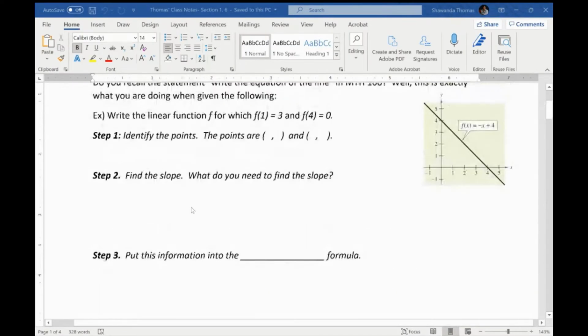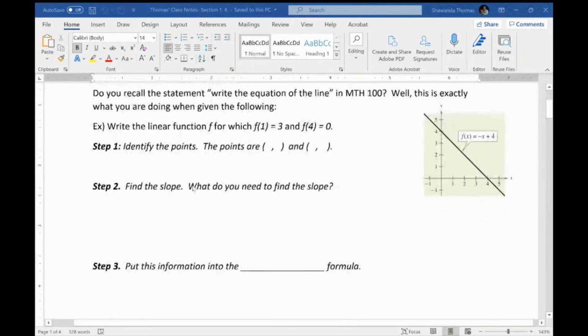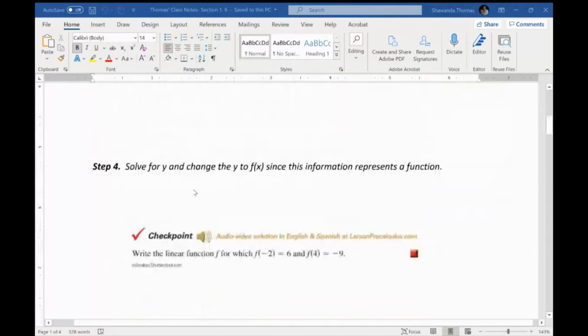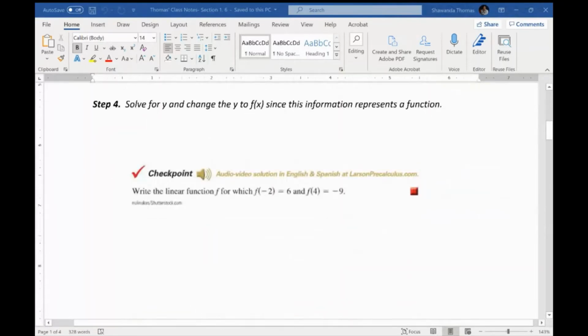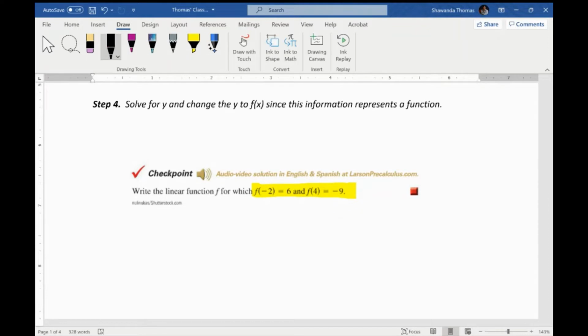Step 1 is identify the points. So tell me, based off of this information right here, what are the points? Negative 2 and 6, and 4 and negative 9.